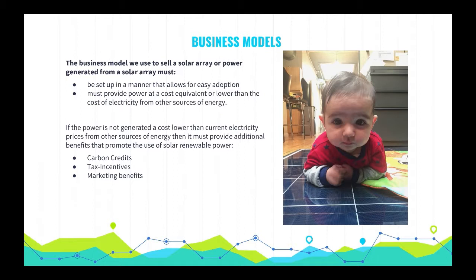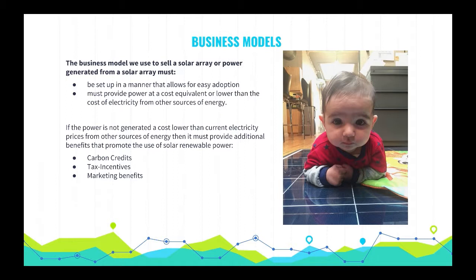Unless you install the solar panels, generate the power, but you get additional incentives for generating that solar power. Those incentives could be carbon credits. In New Jersey, for example, they provide SREC credits. You could get tax incentives, which is really all across the United States. There are investment tax credits for installing solar panels.